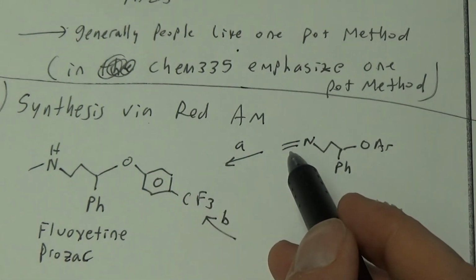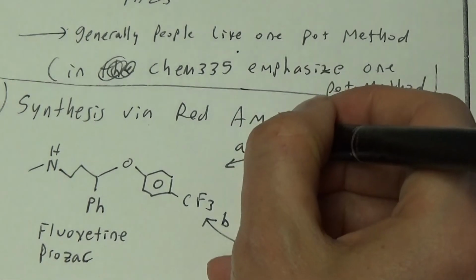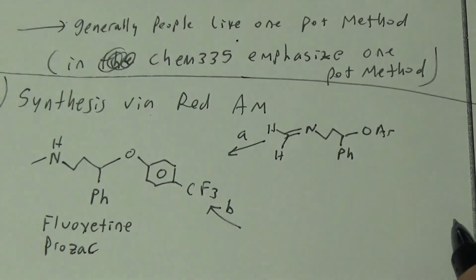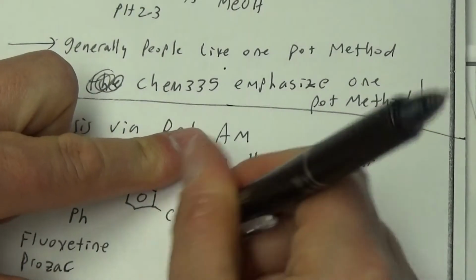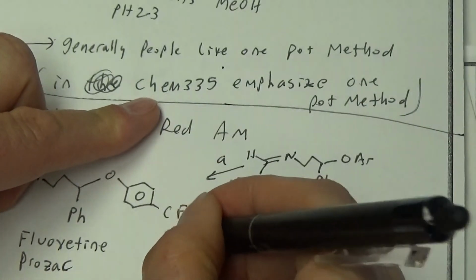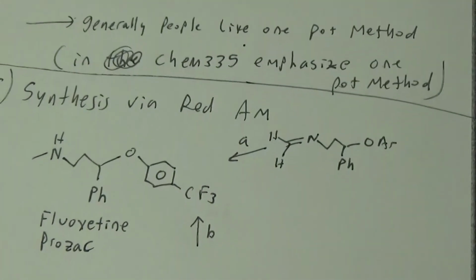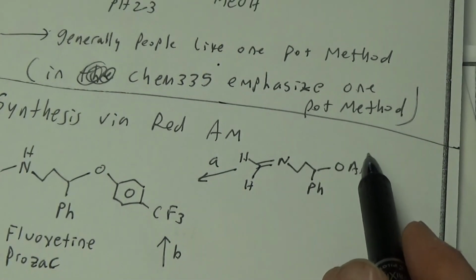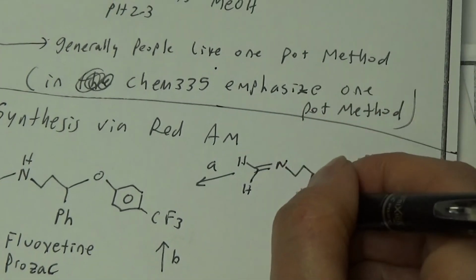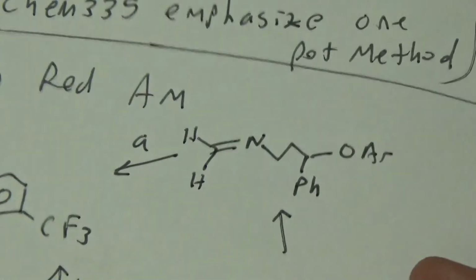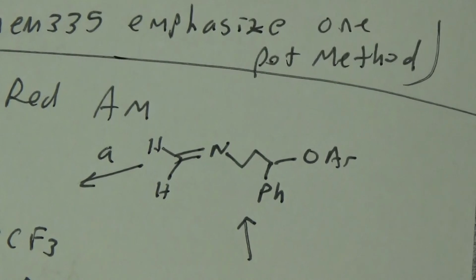And of course, this is the imine, right? And you have an H there and an H there. That is an amine. For B, I'm going to have it going downward because I'm going to run out of space. Then how do you build this imine? We're going backwards, so what's the bond that's being formed in an imine formation?